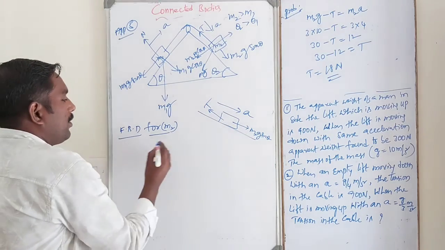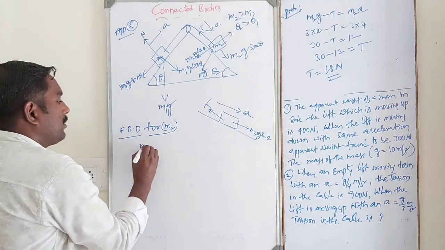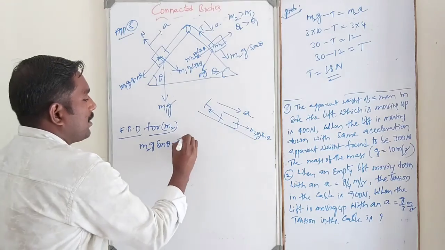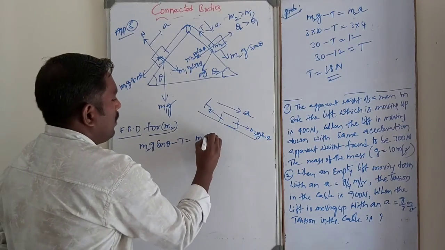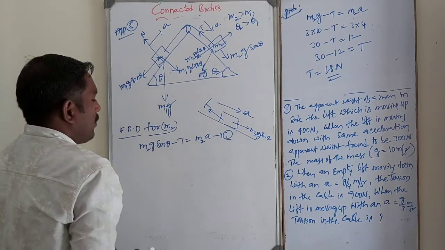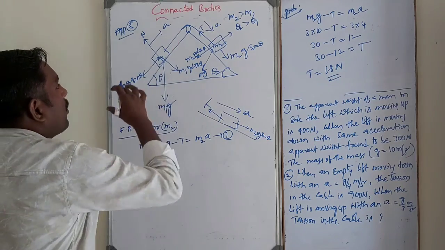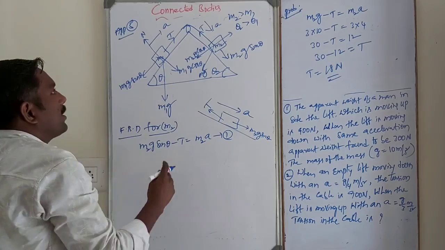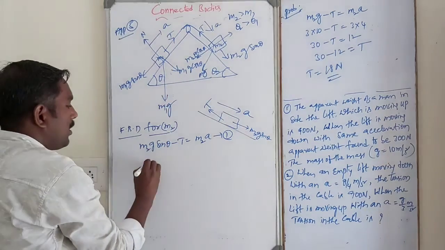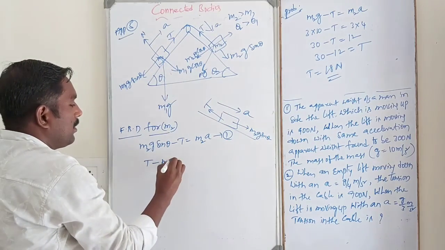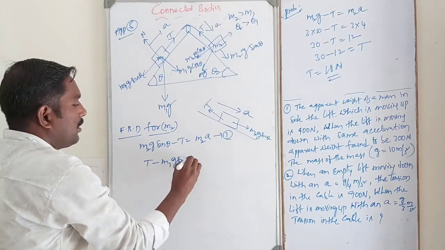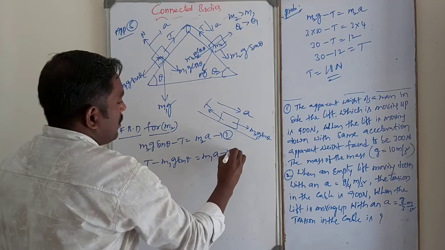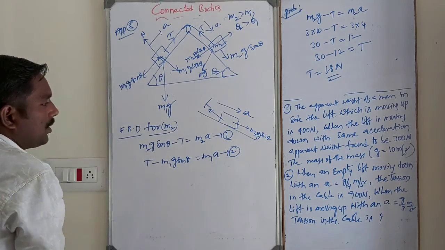So the higher value: m2g sin theta minus tension is equal to m2a. This is equation number 1. Here also, if we draw the free body diagram, the tension acts this way, because the system moves that way. T minus m1g sin theta is equal to m1 into a. This is equation number 2.